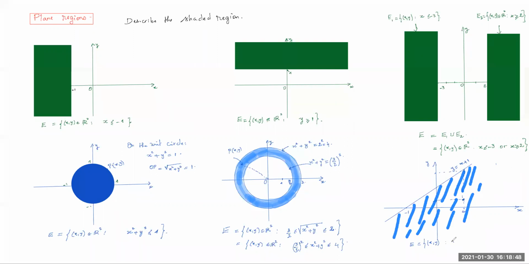So all those points will satisfy y less than the expression x + 1. So this is how we do it.